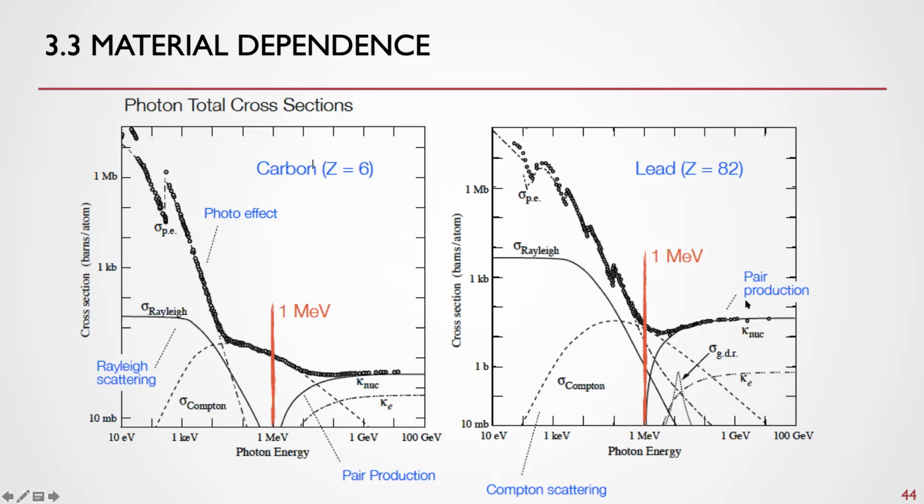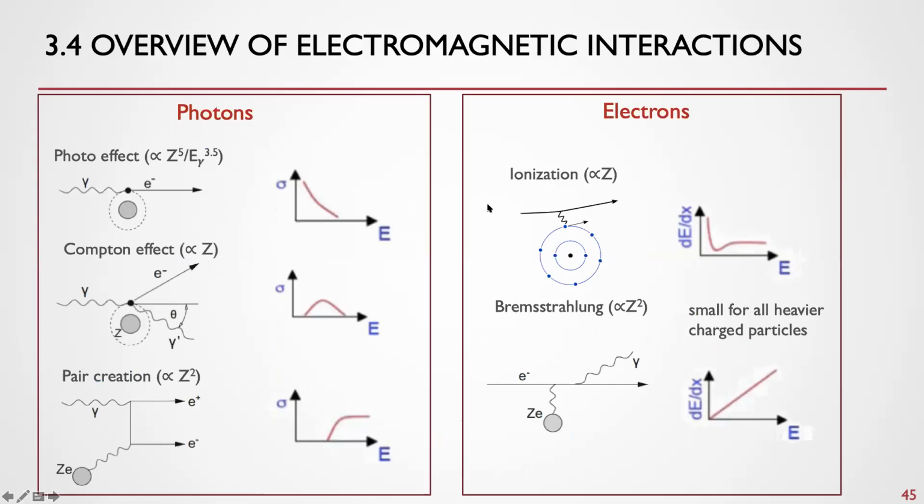It's not very relevant for lead because pair production is just so much larger. And here we have the photo effect, which has this characteristic edge-like structure. There are of course many more edges if you have more atomic shells. So that's the material dependence for photons.